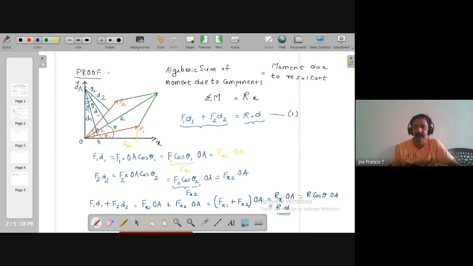So hence the proof for Varignon's theorem. So this is how you prove Varignon's theorem of moments.